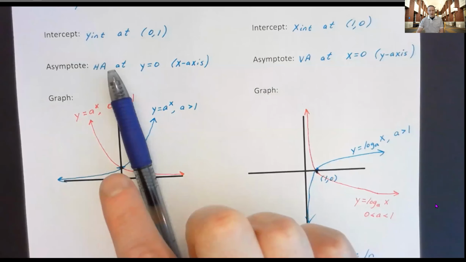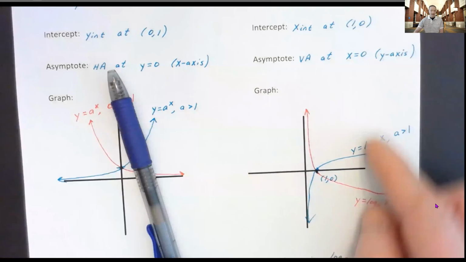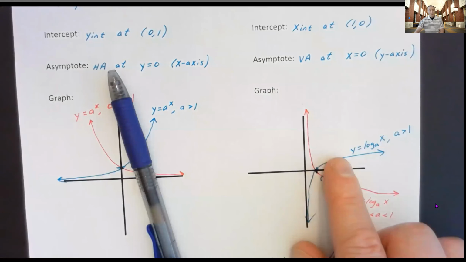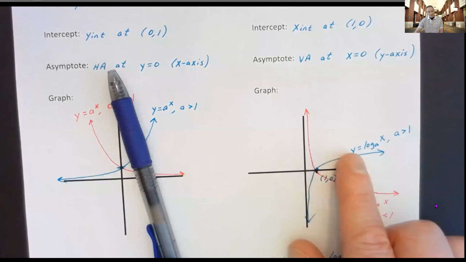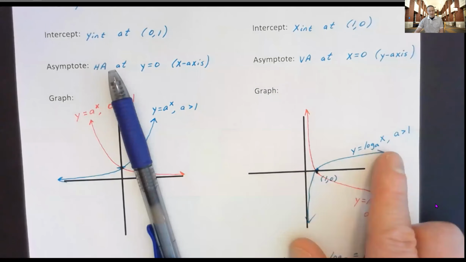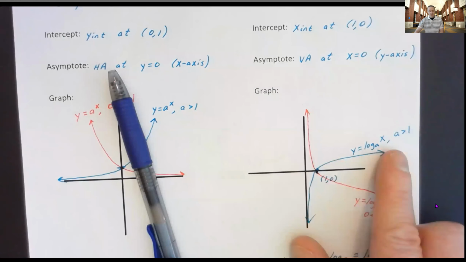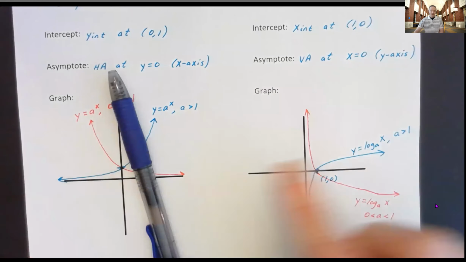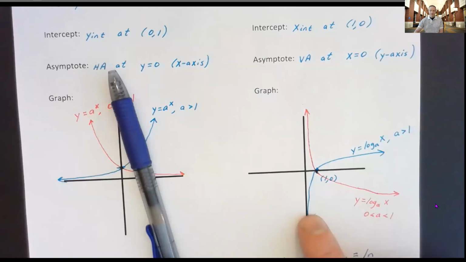And whereas exponential functions, as x increases, y increases rapidly fast, with logarithmic functions, as x increases, y increases excruciatingly slowly. It's still going up to infinity, but it does so very, very slowly. And then instead of asymptotically approaching the x-axis, it's going to asymptotically approach the y-axis here.